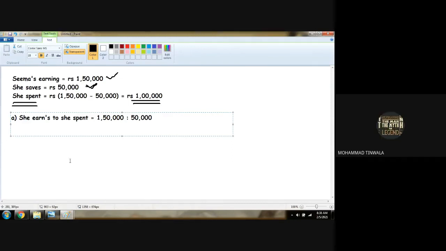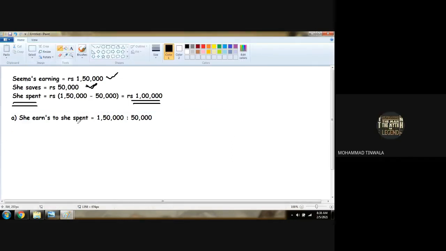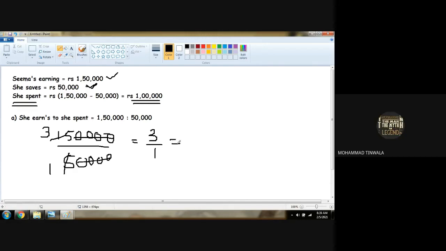So can I write 1,50,000 upon 50,000? Now this 0000 will get cancelled with this 0000. 5 ones are 5, 5 threes are 15. So we got 3 upon 1 here. So can we say that 3:1 is the ratio for answer A?